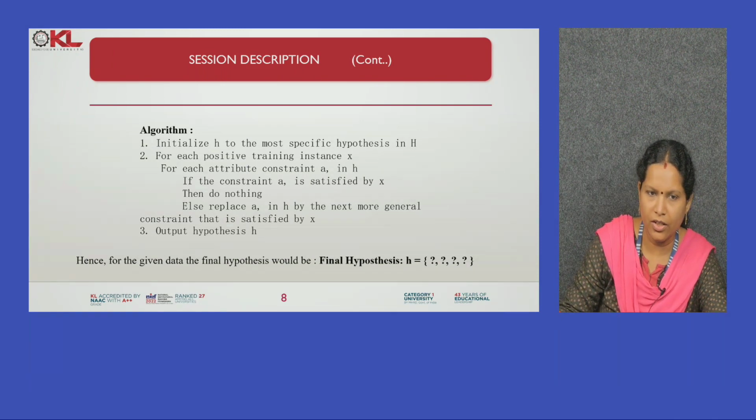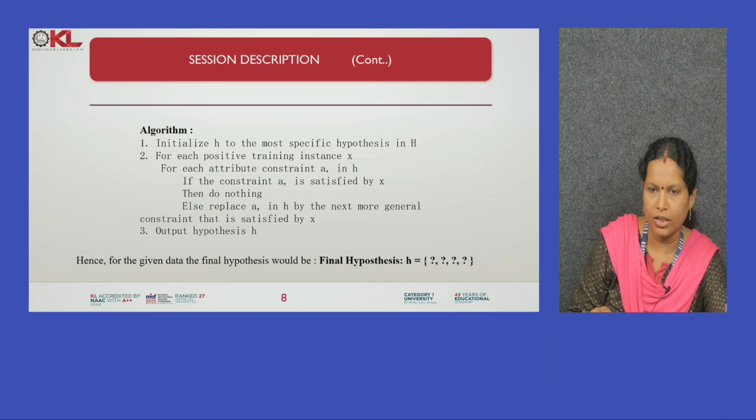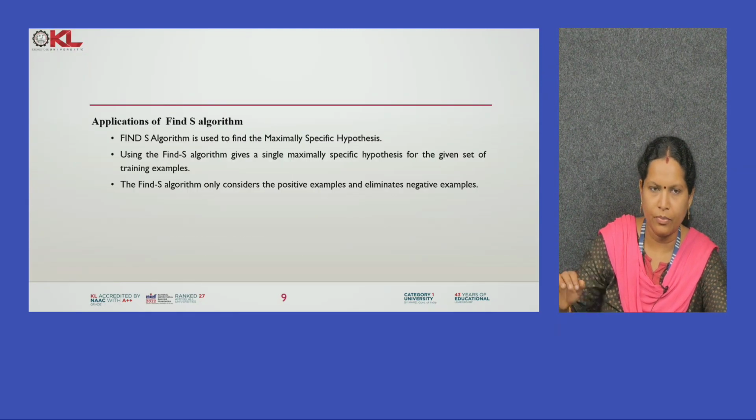Hence, for the given data, the final hypothesis, from the previous example output, will be H equal to question mark, four question marks. All the attributes are mismatched with the initial data, so we reached the general hypothesis.